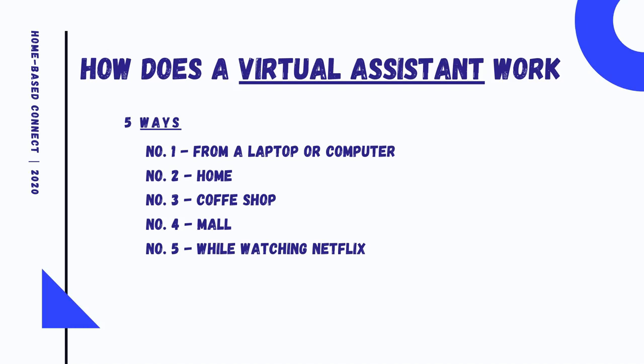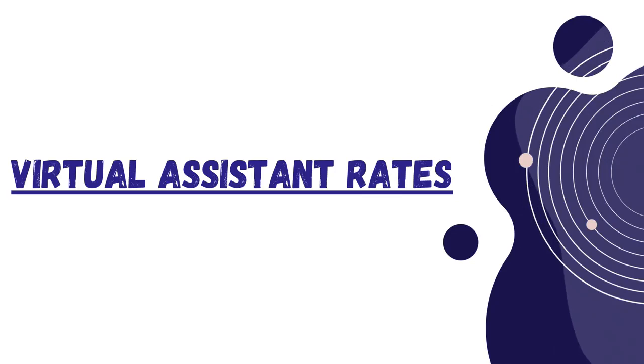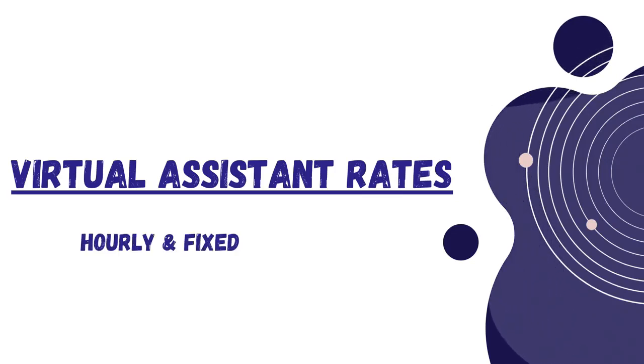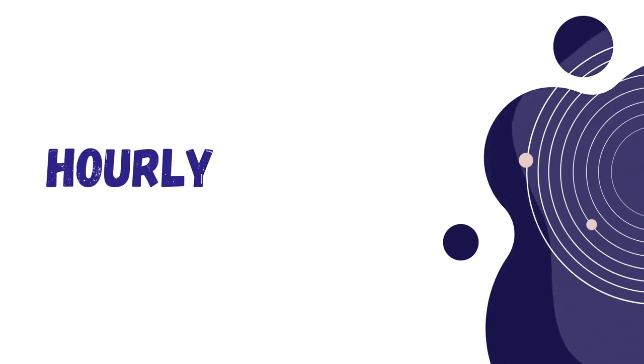So next natin is yung rates ng mga virtual assistant. So, kano ba talaga ang mga rates ng mga virtual assistant? Okay? So, may two types ng rates natin. May tinatawag tayong hourly and fixed. So, ang hourly, ito yung binabayaran ka ng mga boss mo per hour.